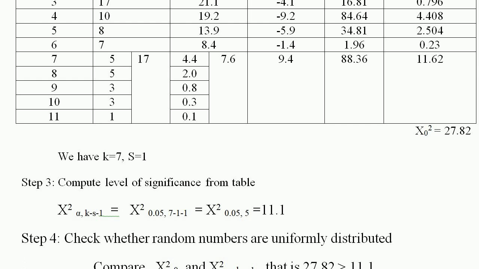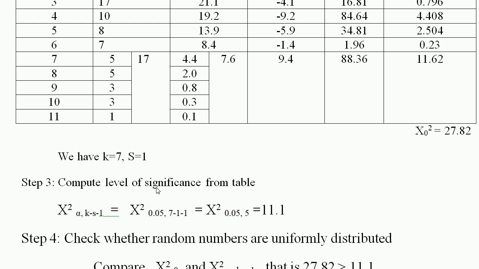And k minus s minus 1 represents the degree of freedom, where s represents the number of parameters of the estimated distribution. In the Poisson distribution, the s value is 1. For the Poisson distribution we take s equal to 1, and for the normal distribution we take s equal to 2. Here we are doing the chi square test for the Poisson distribution, so the s value will be 1.